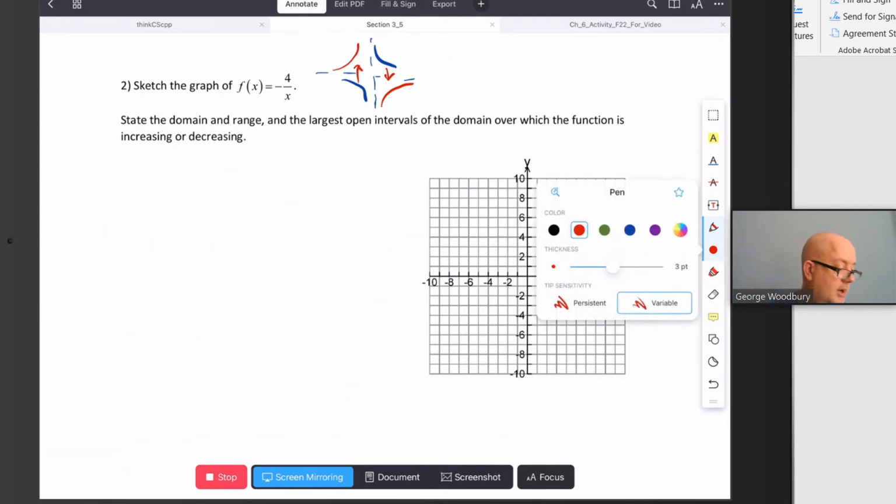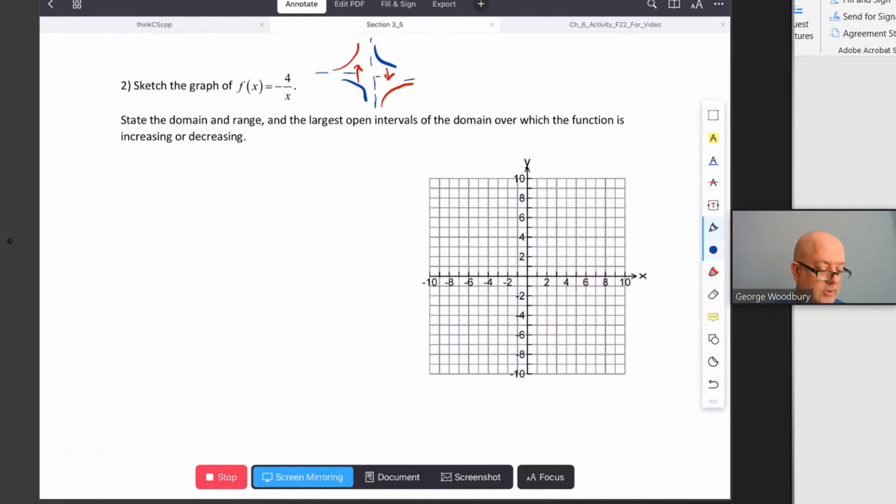So I'm going to go back to the idea of a table of values after I put on the asymptote. And again, that is a vertical asymptote at x equals 0 and a horizontal asymptote at y equals 0. And we should be working in that quadrant and that quadrant.